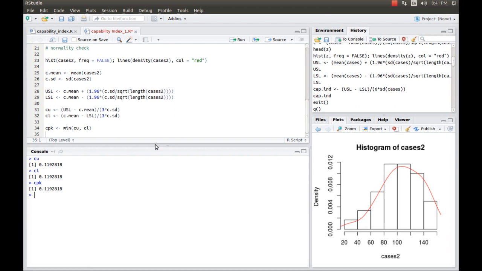Now how are we going to interpret the value? That is very, very important for us. The interpretation of CPK, which represents the capability index for a particular scenario where the assumption of normality is violated, as we are seeing in the graph. Some industries would expect that the CPK must be at least 1, just like CP, at least 1. And moreover, it is better if it is positive, not negative.